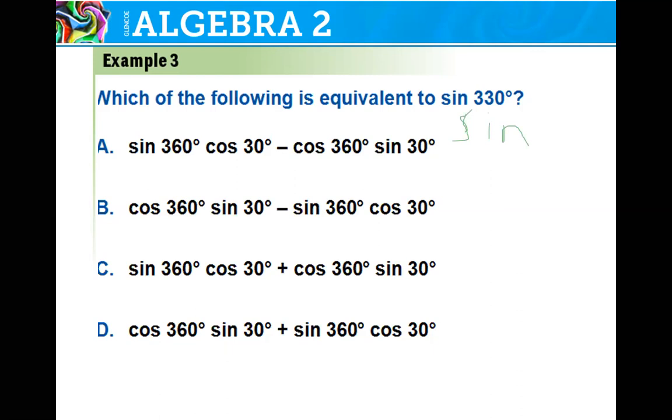And we have sine or cosine? Sine. The rule of sine is: sine first times cosine second minus sine second cosine first. So it's letter A, because sine cosine minus cosine sine.